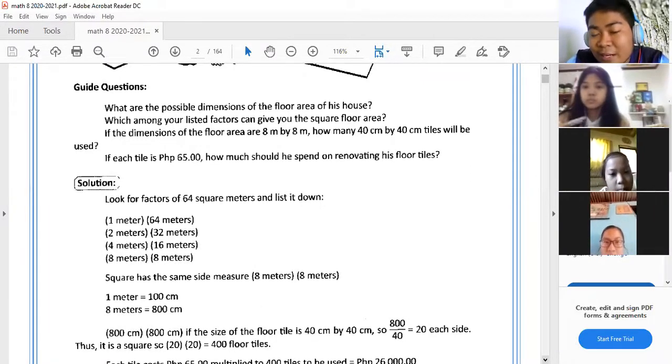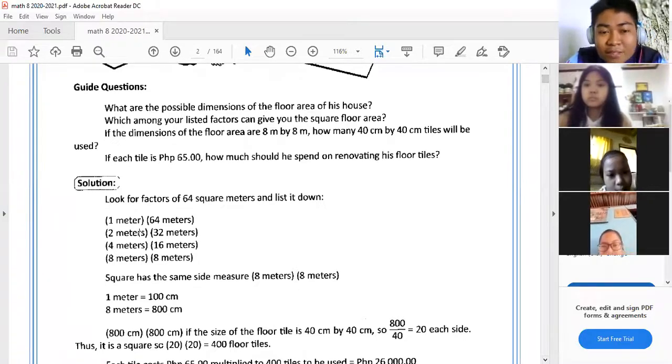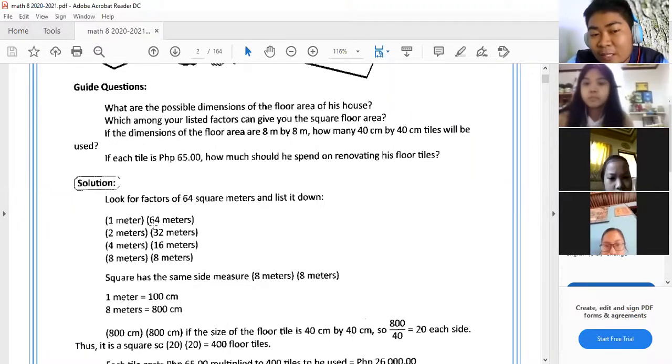When we say factor, these are the two numbers that, when multiplied, will give you the number 64. So we have 1 times 64, that is 64. 2 times 32 will also give you 64. So these are the possible factors.